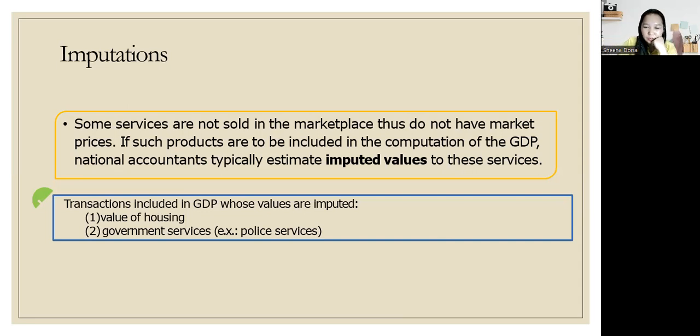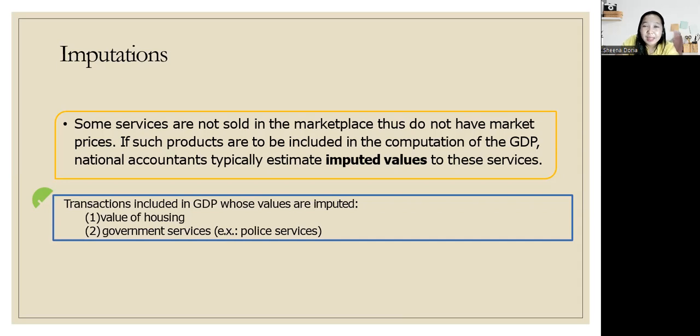Okay? So, although most goods and services are valued at their market prices when computing GDP, some are not sold in the marketplace and therefore do not have market prices. So if GDP is to include the value of these goods and services, we must use an estimate of their value. Yung estimate na yun is yung imputed value.